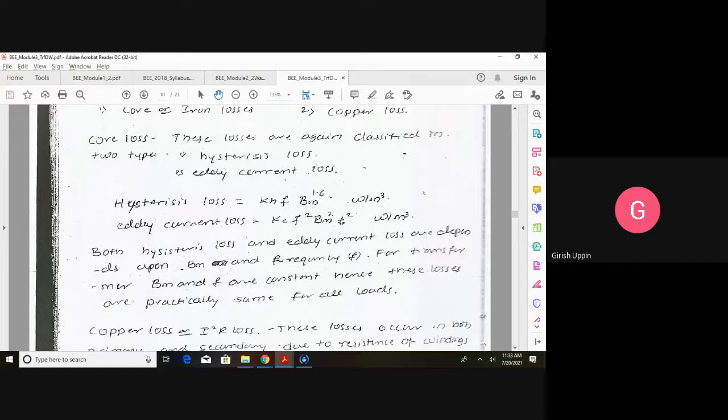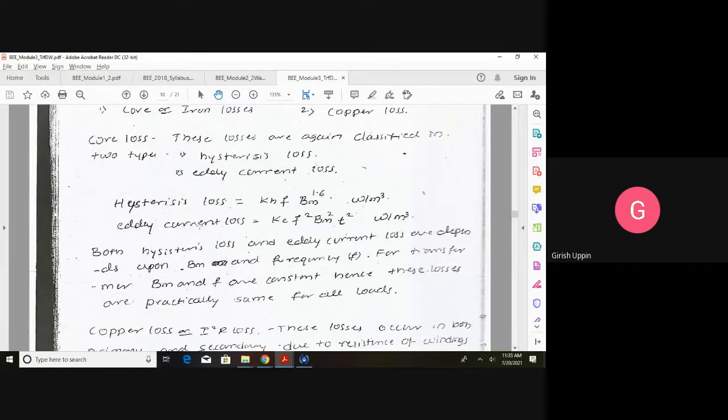So now you know why we are taking thin slices. If t is reduced, the eddy current loss will reduce. And for a given transformer, the thickness would be constant. So the hysteresis loss is constant and the eddy current loss is constant.